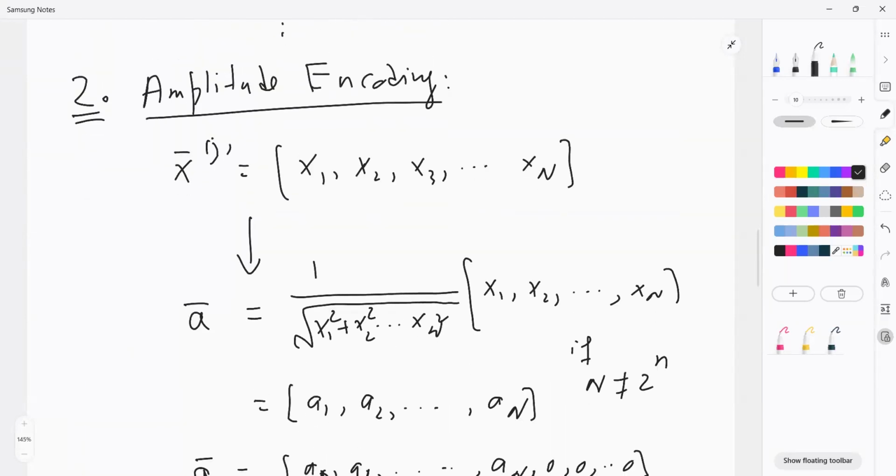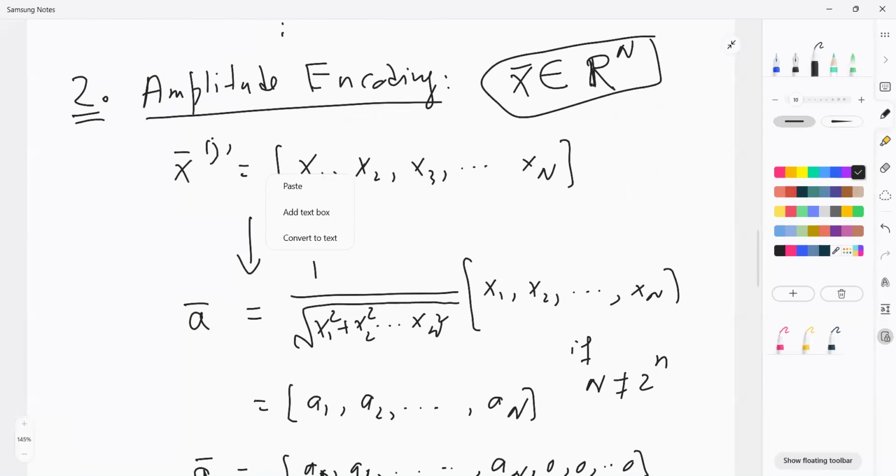So we will always take this x vector to belong to a real space of n dimension. So all of the numbers are assumed to be real. Of course, if they're complex numbers, we can easily take care of that. We can have maybe x1 real part, x2 imaginary part, x3 real part, and so on. But for this discussion, we are going to be taking it to be real.